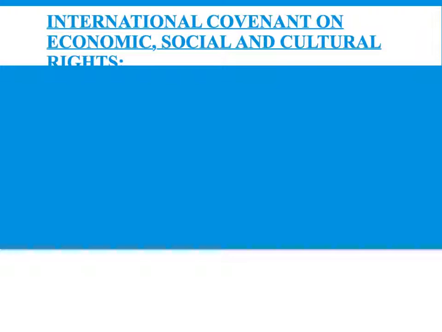The right to the highest standards of physical and mental health. The right to education for the full development of the human personality and sense of dignity, and to encourage friendship amongst all racial, ethnic, and religious groups. The right of everyone to the benefits of cultural life and scientific progress.